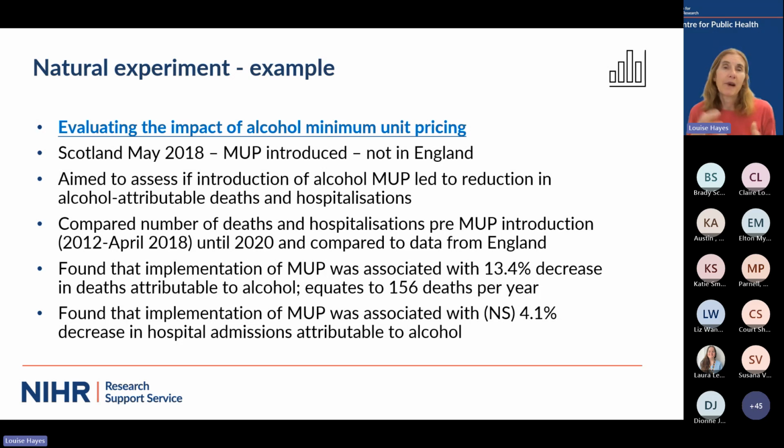They used some fancy statistical techniques, but basically because this wasn't introduced in England, they could compare the trends in admissions and deaths in Scotland, where it was implemented, to those in England, and work out how many deaths and hospital admissions were attributable to introducing the minimum unit pricing on alcohol. Their conclusion was that it equated to around 156 deaths per year being saved in Scotland with the introduction of that minimum unit pricing.